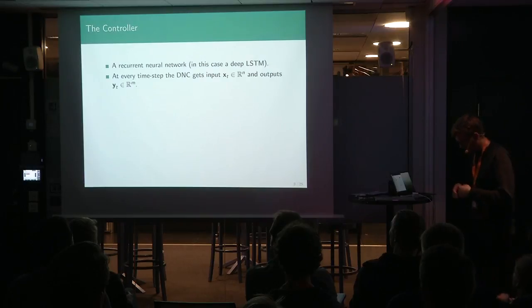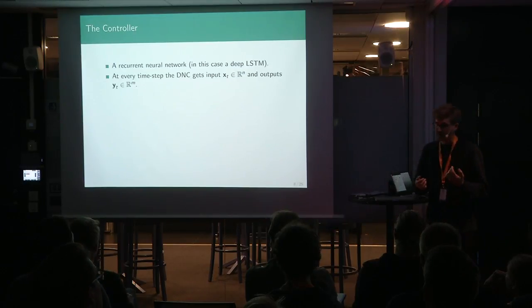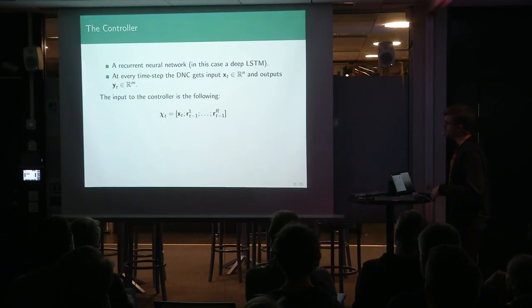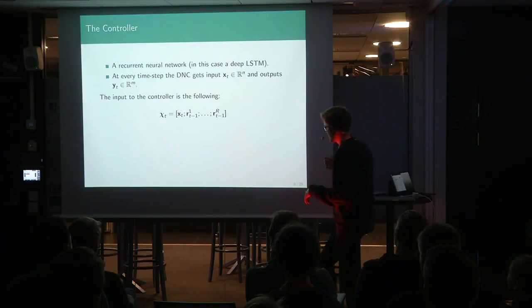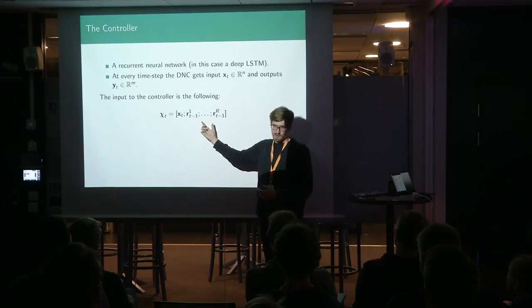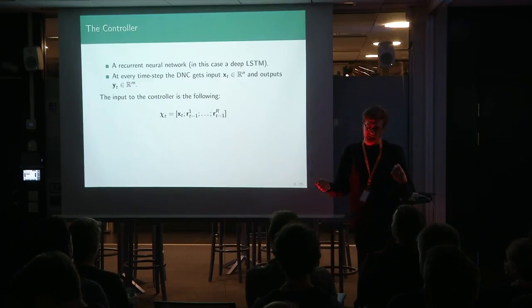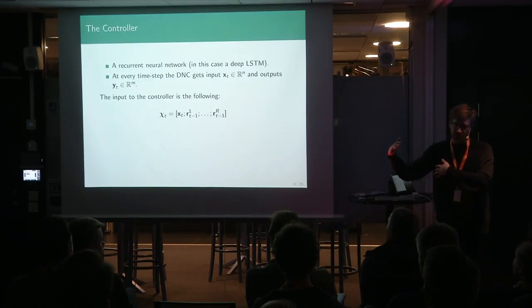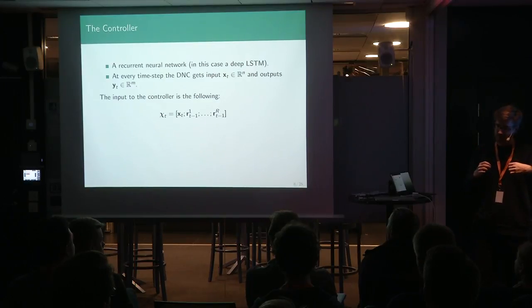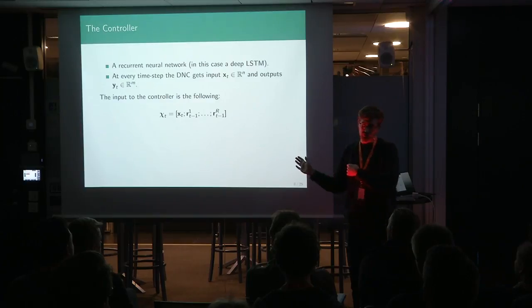So the DNC gets some input x_t at each time step, and it should output some y_t. The controller gets as input x_t, and it appends what it has read in the previous iteration. You have a number of reading heads that at each iteration read something from the memory, and this is appended as an input to the controller for the next time step.